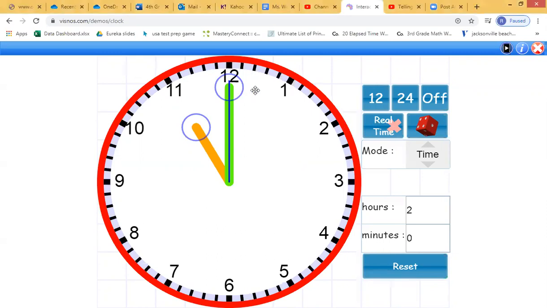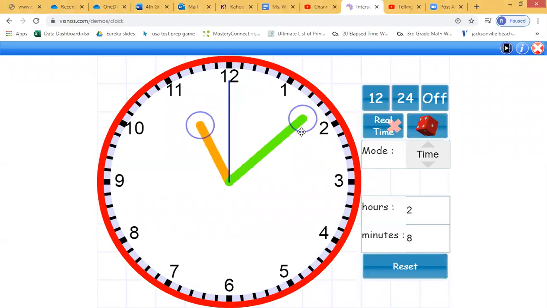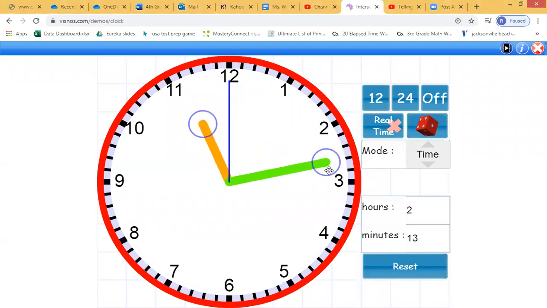So if I move, let's move my minute hand to the 3. Okay, now notice that my hour hand moved just a little bit, but it's still at 11 o'clock because it is in between 11 and 12, but it has not gotten to 12, so it's still at the 11 o'clock hour.